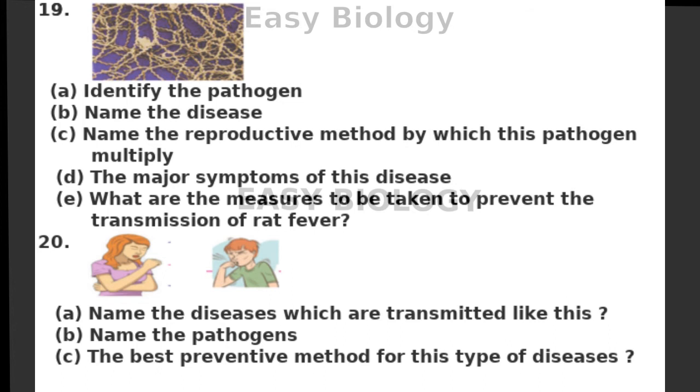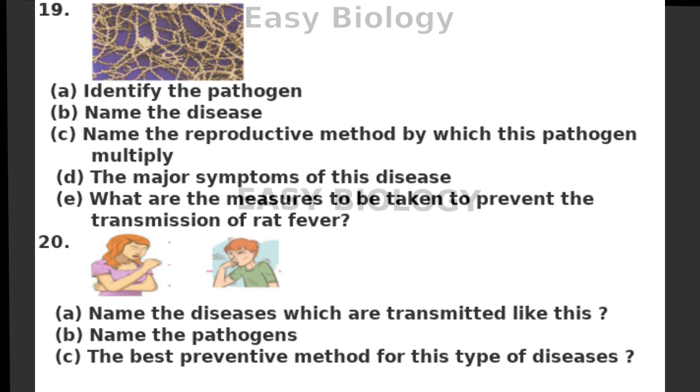Question number 20A. Name the diseases which are transmitted like this. Diphtheria and tuberculosis are the diseases which spread through cough and sneezing. Question 20B.